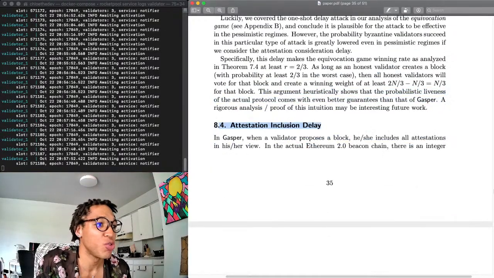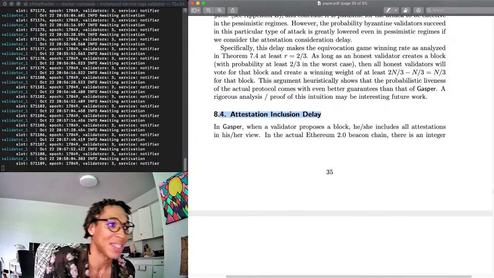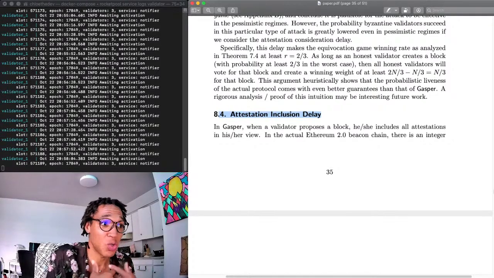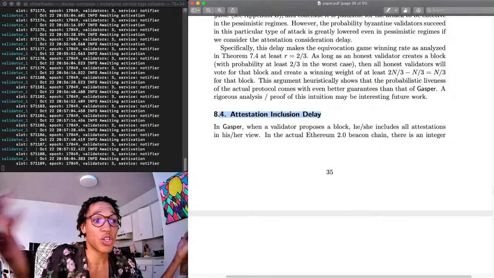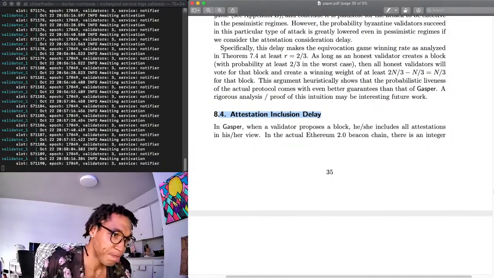8.4, attestation inclusion delay. In GASPER, when a validator proposes a block, he or she includes all attestations in his or her view. So you need to propose a block and then include all the attestations that you are seeing at that time.